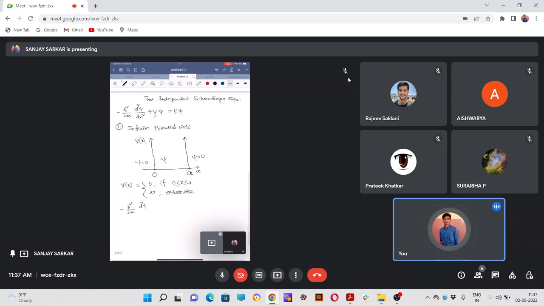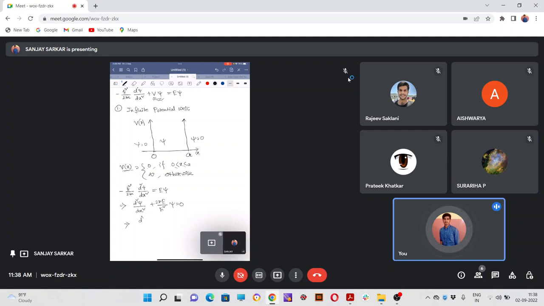Now inside the potential well, the potential is 0, so this term will not contribute, so we are left with this term. So we will solve this equation, d2 psi dx2 plus 2mE by h bar square psi equal to 0.